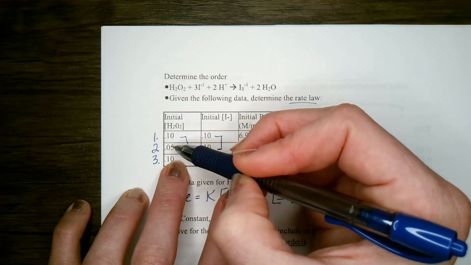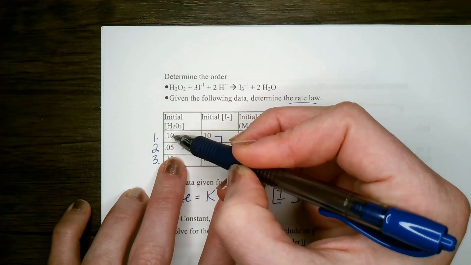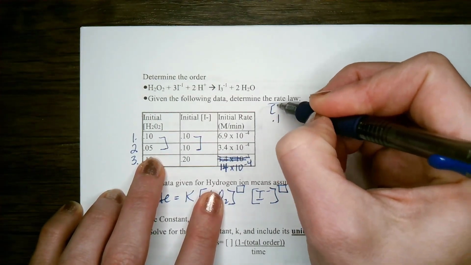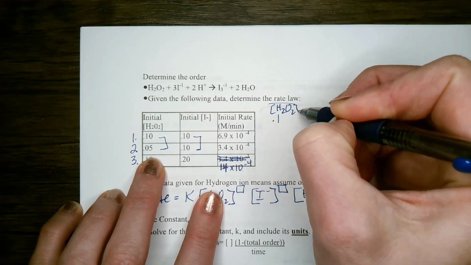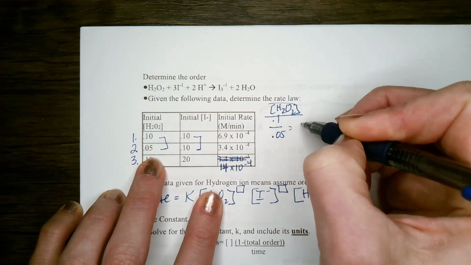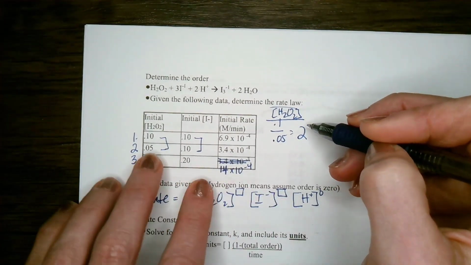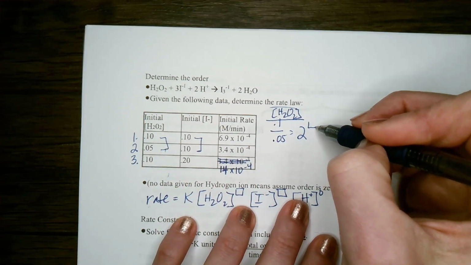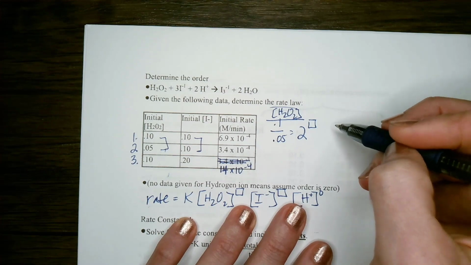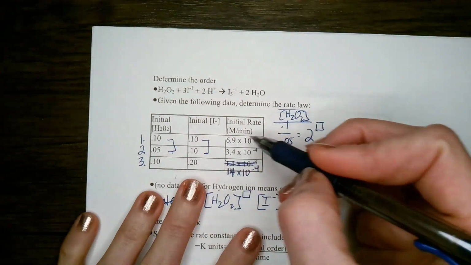If I go from 0.1 to 0.05, so we know that going from 5 to 10 is doubling that. So I can show that 0.1, this is for concentration of H2O2, 0.1 over 0.05 is doubling. So when I double, what is happening to my rate?